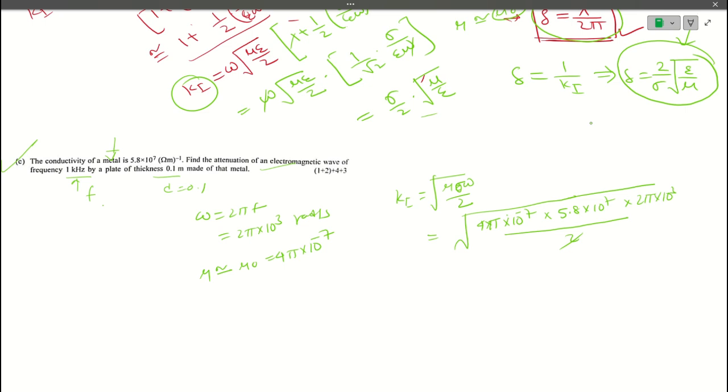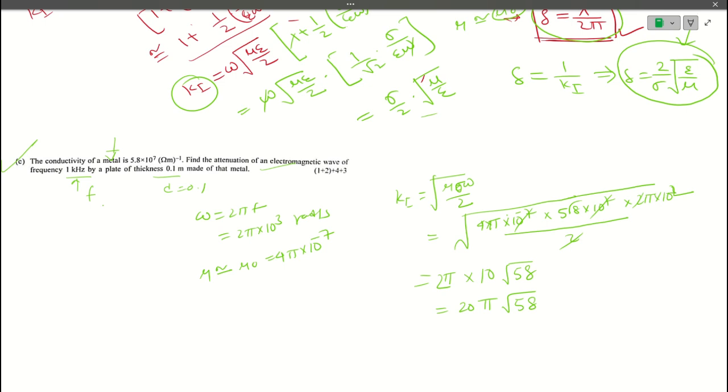So as a whole, 2 and 2 are cancelled, then pi square, 4 pi square out, 10 to the power minus 7 and 10 to the power 7 are cancelled, then 5.8, so 10 to the power 2, then 10 out of the root, then inside the root we will get 58. So here the answer is 20 pi into root 58.